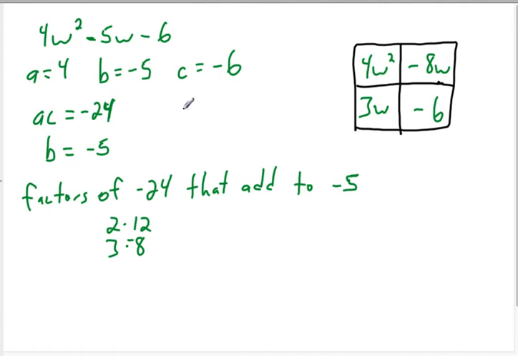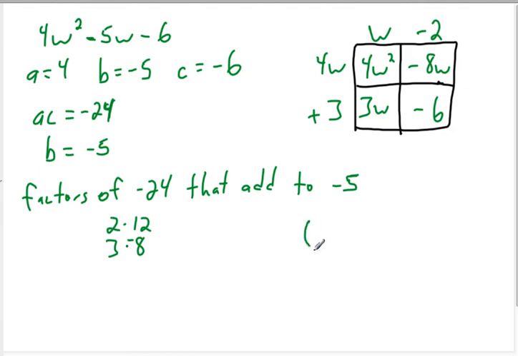Now we factor. So this row has a 4 and a w in common. This row has a 3 in common. This column has a w, and this column looks like a negative 2.